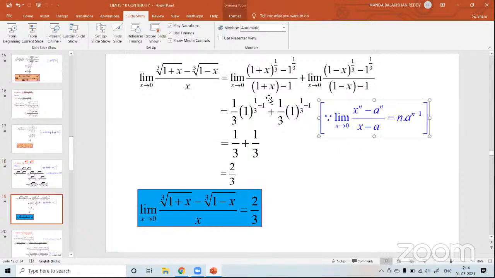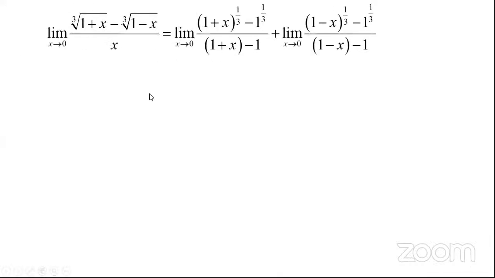Again we are using this formula. So this is cube root of 1 plus x minus cube root of 1 minus x by x.